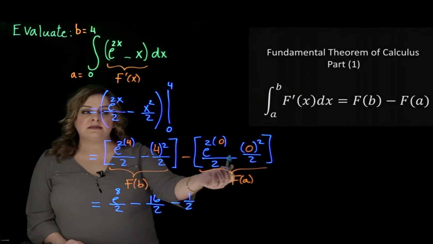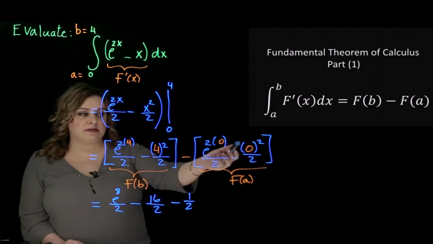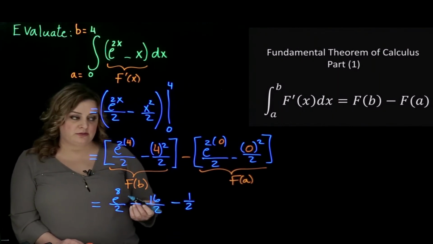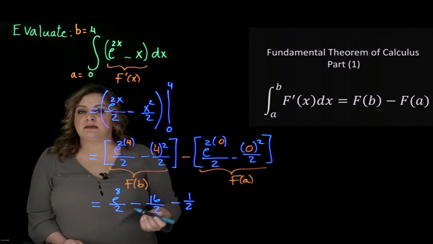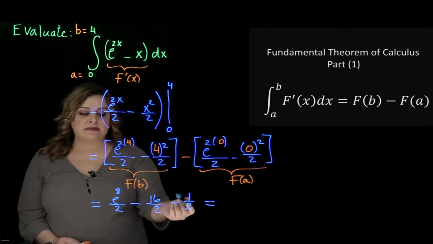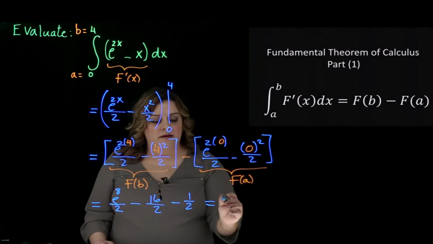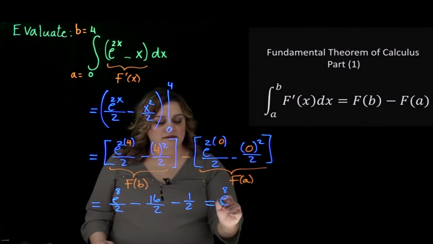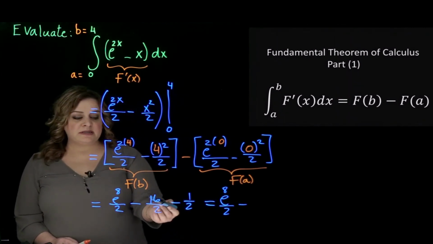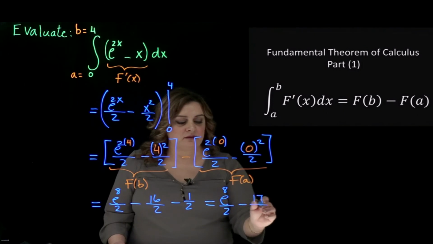Now minus 0 squared is 0. 0 to any power is 0. 0 divided by any non-zero number is 0. So this term here is 0. Combining these two fractions, -16 and -1, we will have -17 over 2, so e to the 8 over 2 minus 17 over 2.